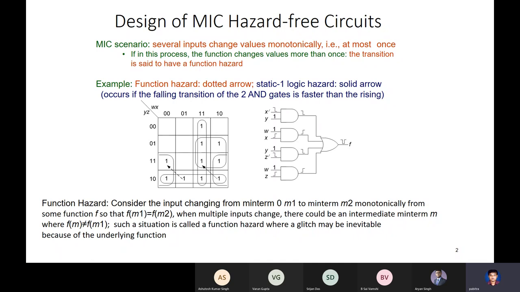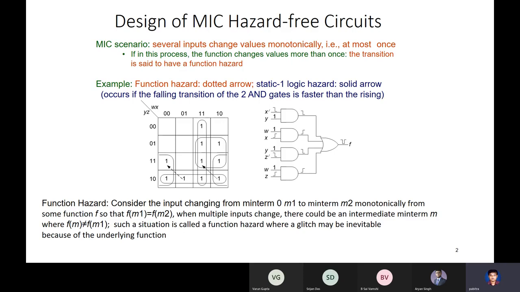All right. So what we study now is a multi-input change scenario. Look at this Karnaugh map. We have 4 variables w, x, y, z, and multiple of these variables may change.